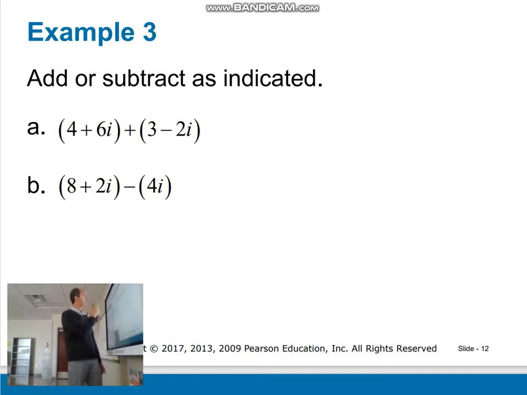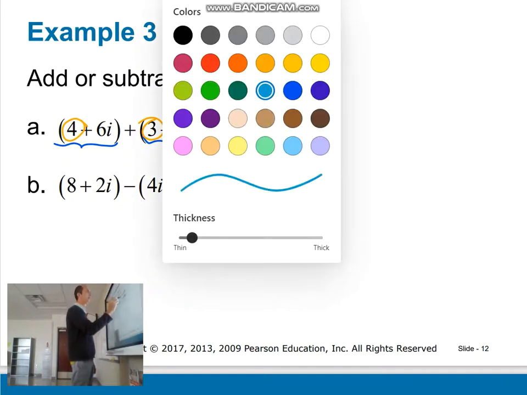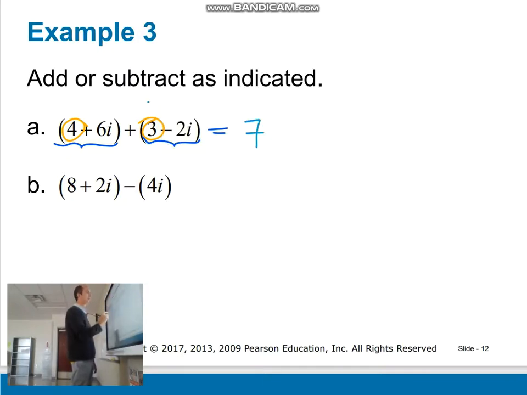Check those examples. This is one complex number, 4 plus 6i. This is another complex number, 3 minus 2i. To add, we just need to first add the real parts. 4 plus 3 is 7. Then we're going to add or combine the imaginary parts, 6i minus 2i.